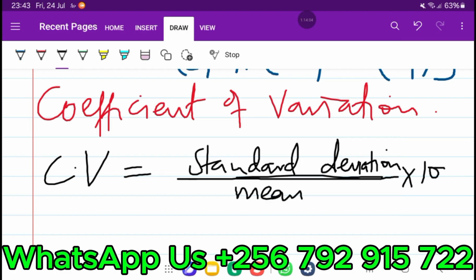It's a percentage. So if we are interpreting it, you have to understand that the greater the coefficient of variation, the more the values are going to be spread. But if it is small, then they are going to be consistent with the mean.